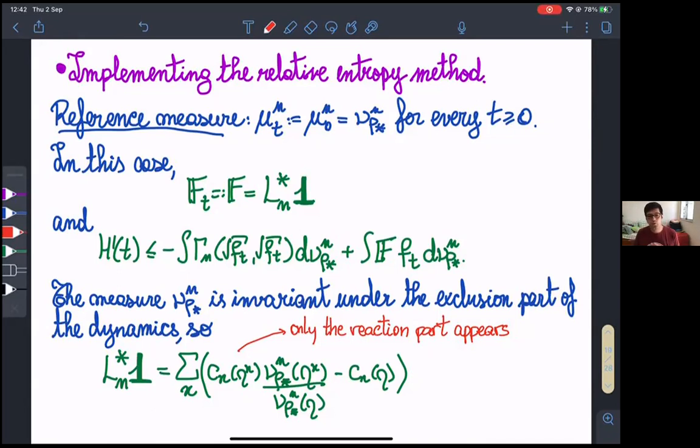Okay, so let's use it as a reference measure. Then yes, it seems to be a good idea to use this nu star as a reference measure. And notice that the situation here is different from hydrodynamic limits.